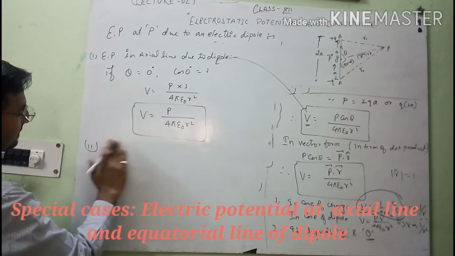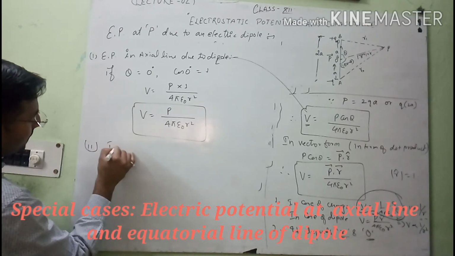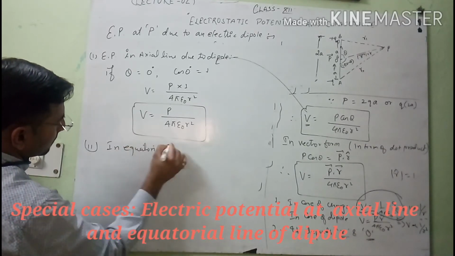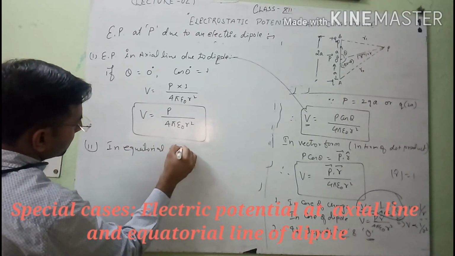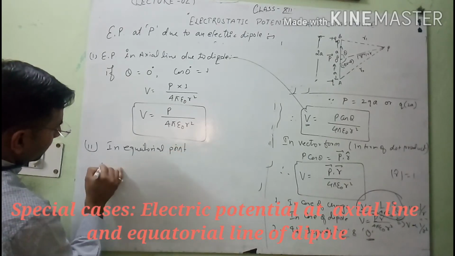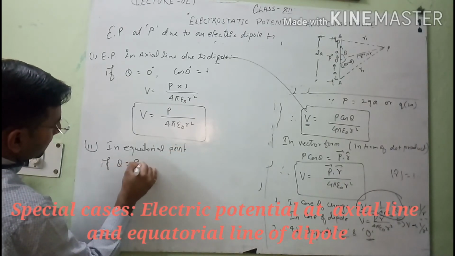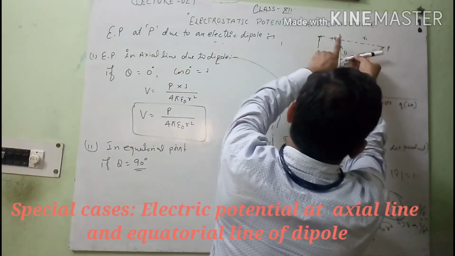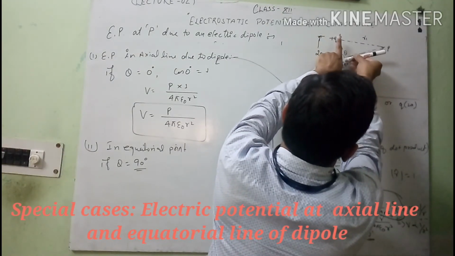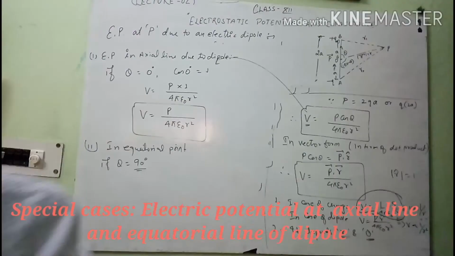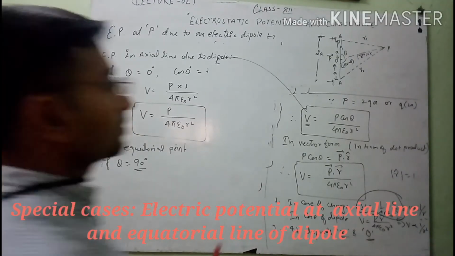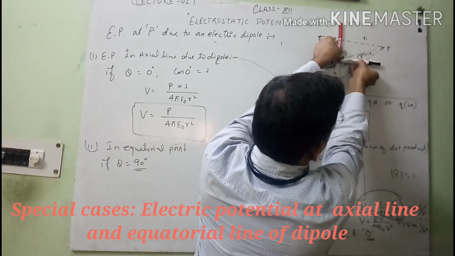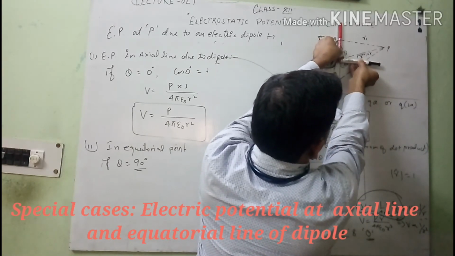Now in the second case, the equatorial point, if theta is equal to 90 degree, if we substitute theta equal to 90, then see the value of this. If theta is equal to 90 like this, this behavior is equatorial line behavior.